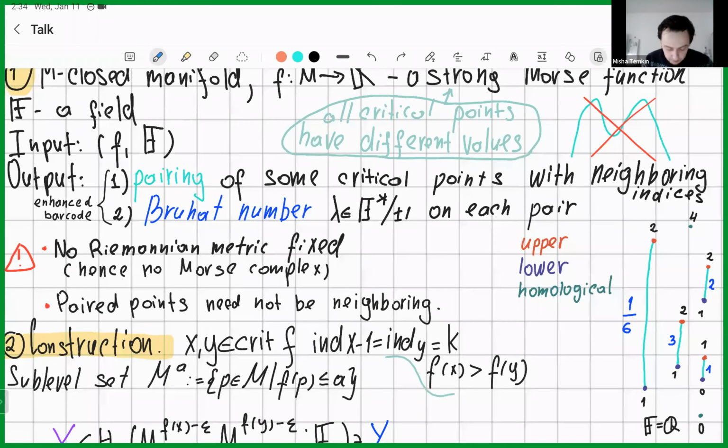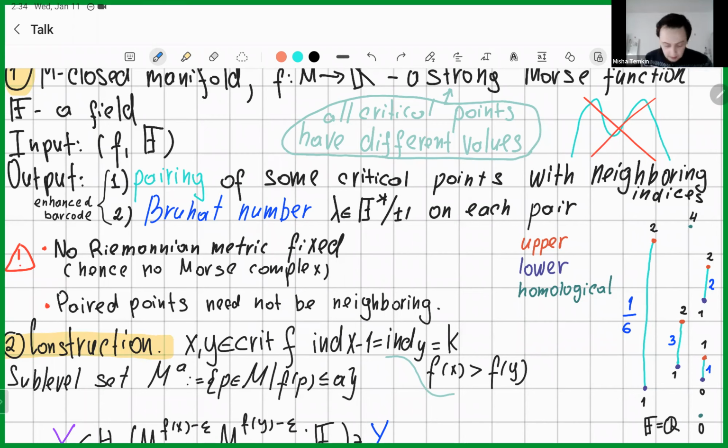The pairing is drawn in this cyan color. There are 4 pairs on this picture on the right. The Bruhat numbers are drawn in blue. The Bruhat numbers here are 1/6, 1, 2, and 3, and the field is, say, Q.